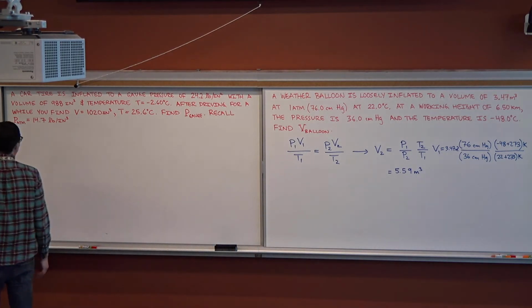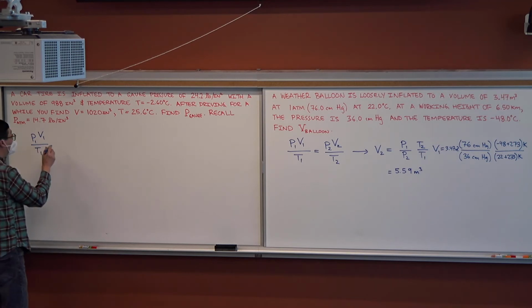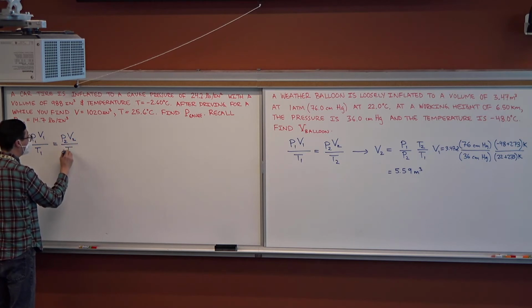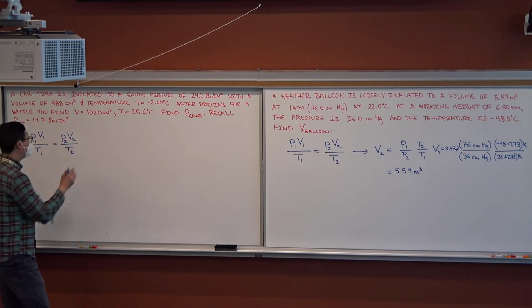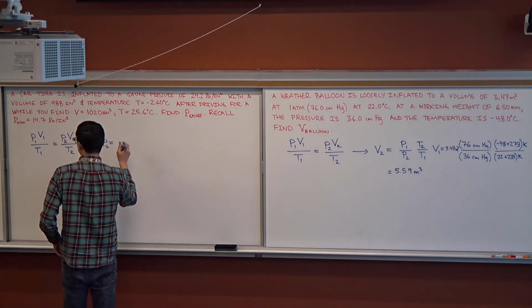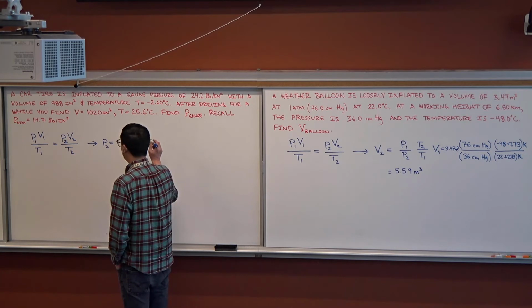And so now it's the same problem we've been doing, right? We want to find the gauge pressure at the end, and so we can say that P1 V1 over T1 is equal to P2 V2 over T2. We want to find P2, so P2 is P1 times V1 over V2 and T2 over T1.